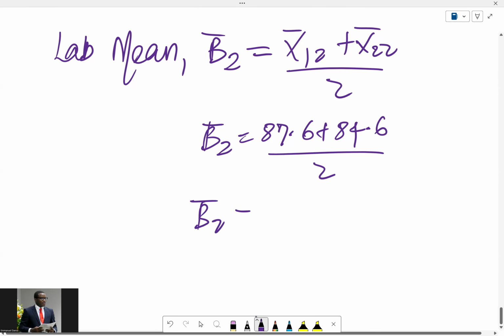So that B2 bar is equal to 87.6 plus 84.6 divided by 2.